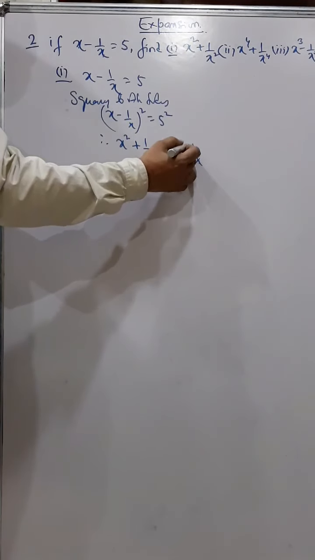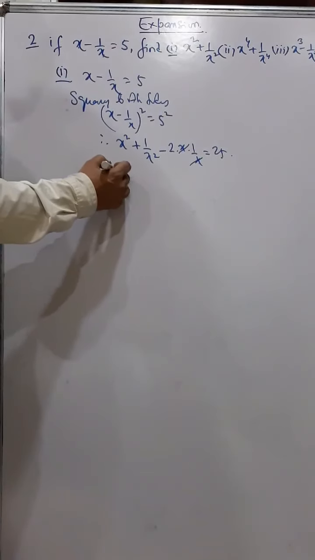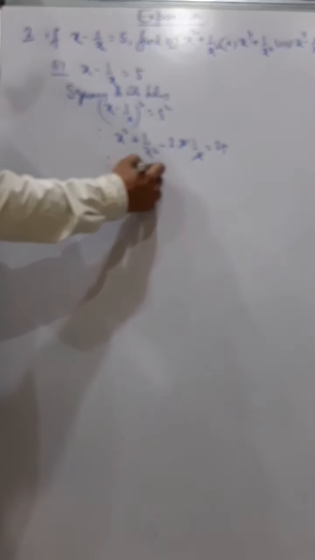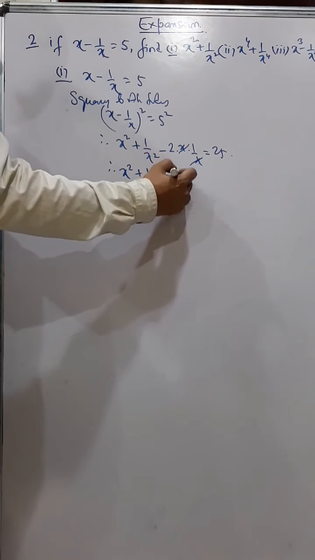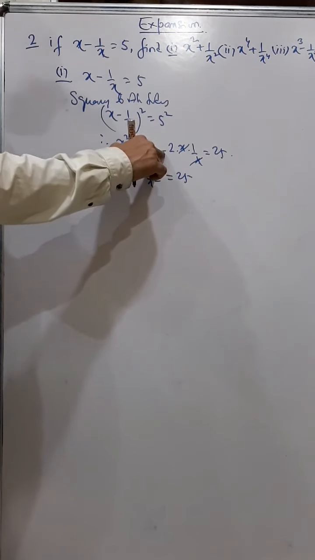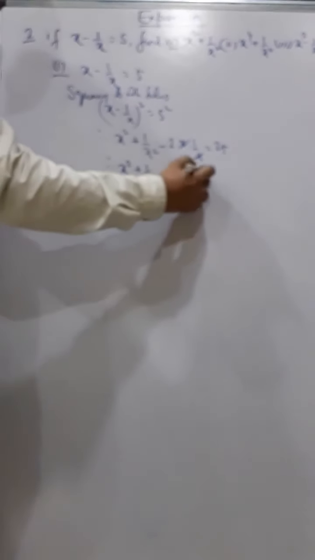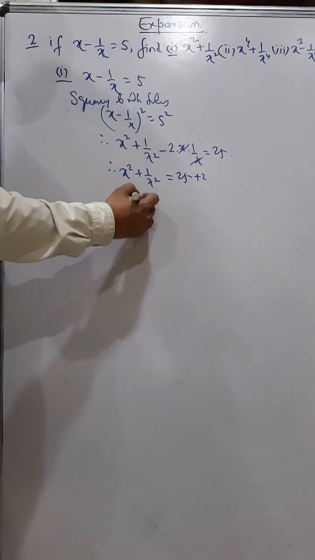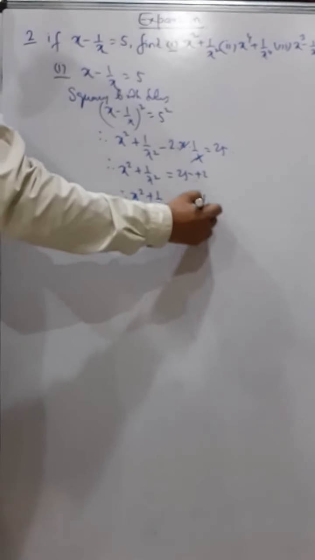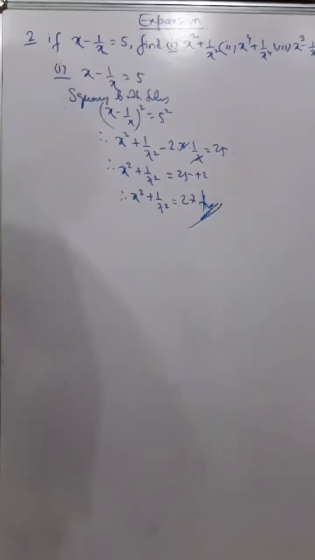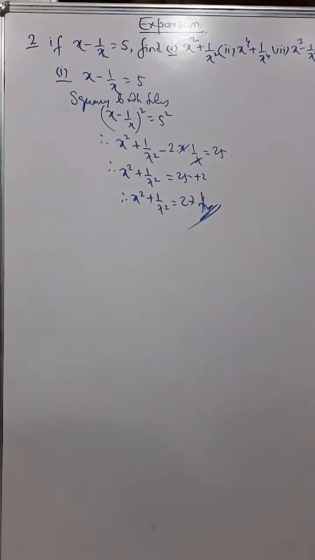So you saw the x and x get cancelled, and that is 25. Then finally we got x square plus 1 by x square, and that is 25, and this minus 2 goes there and becomes plus 2. So finally I got x square plus 1 by x square is equal to 27. Okay, understand?